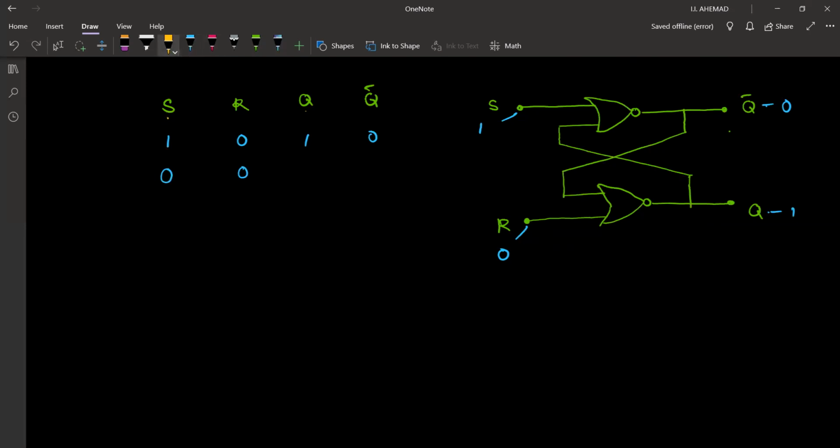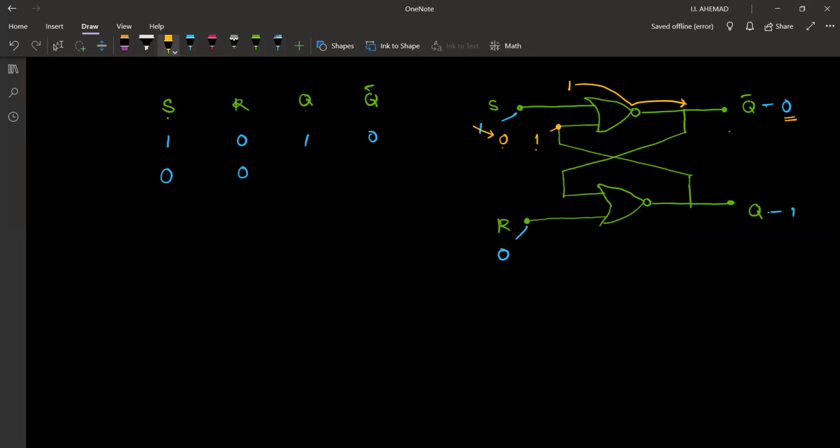Let's see what will happen. Now, this is 0. This is 0. If this is 1, both of them are the same. This input is 1. 0 or 1, there is 1. And when it passes this NOT gate, it becomes 0.